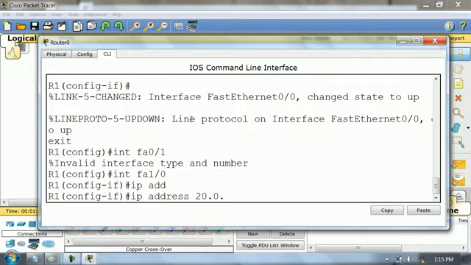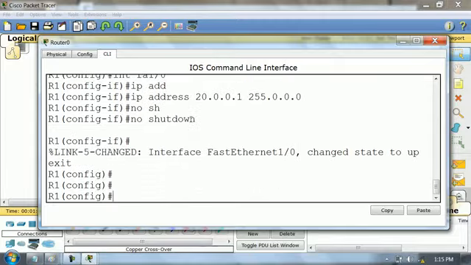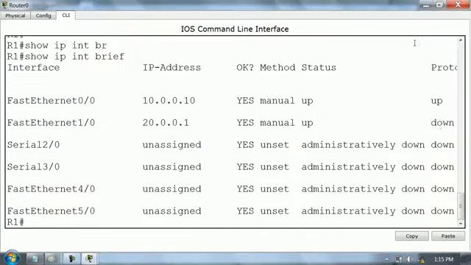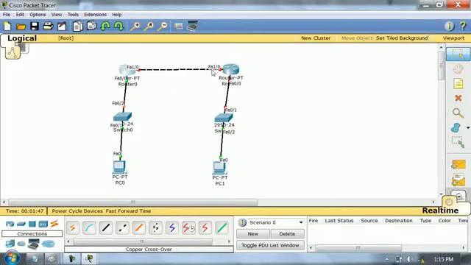Fine. Any issues? Any problem? Now see. Protocol is? Why? Because all two interfaces. Now.